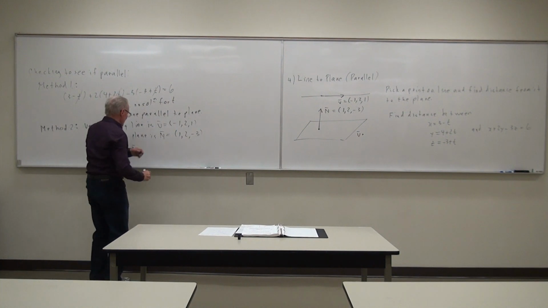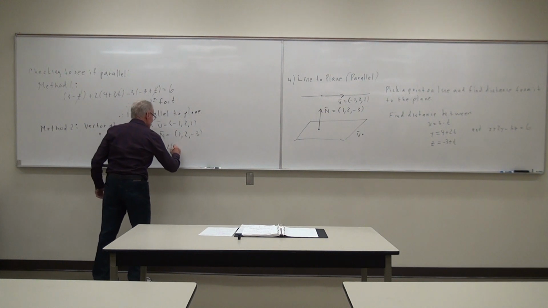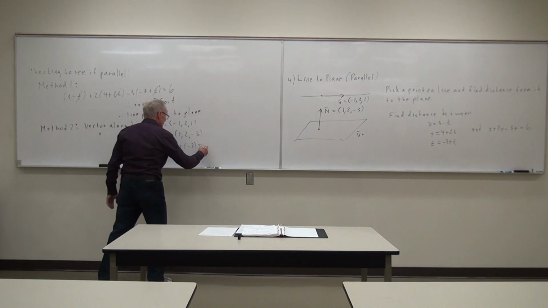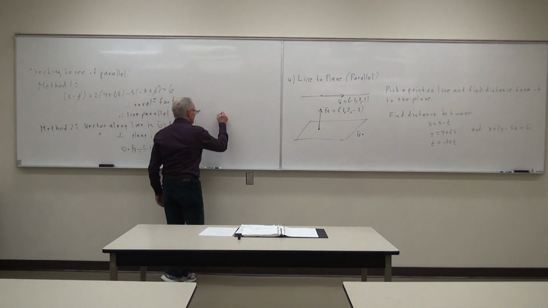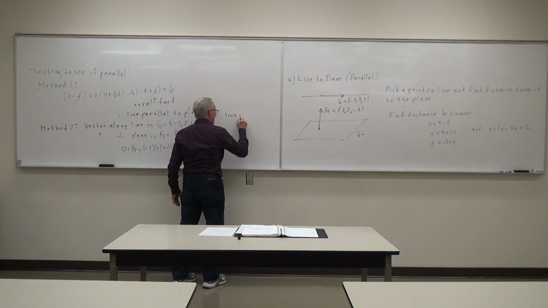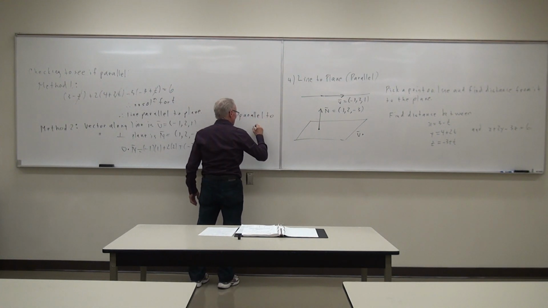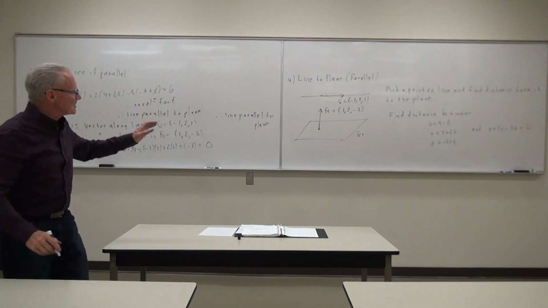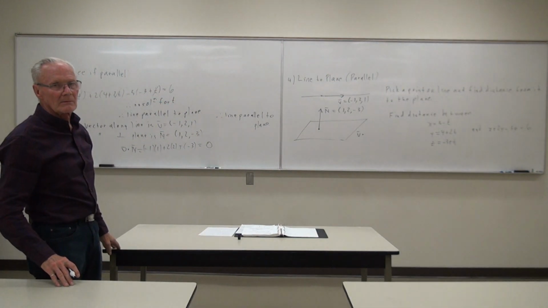I take the dot product: -1 times 1, 2 times 2, and 1 times -3. What do I get? 0. Therefore, the line is parallel to the plane. So we proved in two different ways that it makes sense to ask for the distance between this line and this plane. They're parallel.